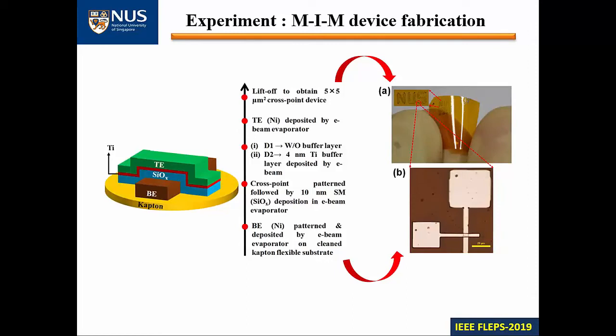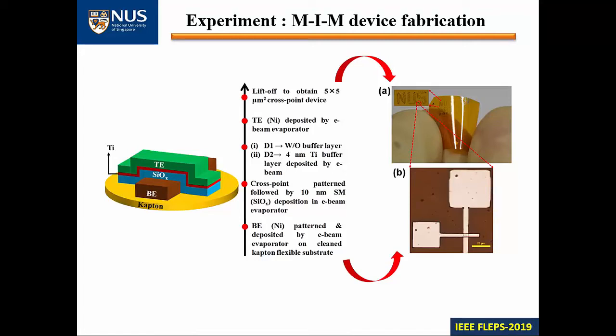After that, a 4 nanometer Ti interfacial layer is deposited on one of the samples, and this sample will be denoted as D2. The reference sample, without the Ti interfacial layer, will be denoted as D1. Finally, the top electrode is patterned and a 60 nanometer Nb layer deposited. The lift-off process was done to obtain the final devices.